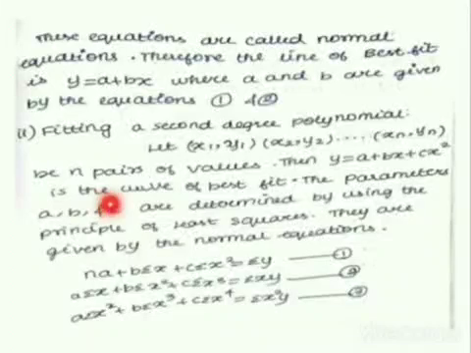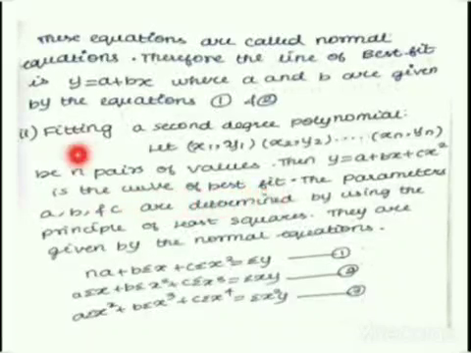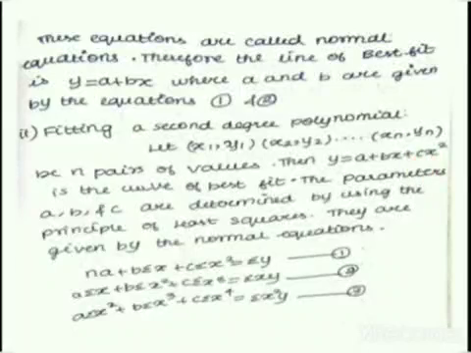Here it is the curve of best fit. So fitting a second degree polynomial is a curve of best fit, where our equation is y is equal to a plus bx plus cx square. So the parameters are a, b and c. We are going to determine these parameters by using the principle of least square method. So they are given by the normal equations.